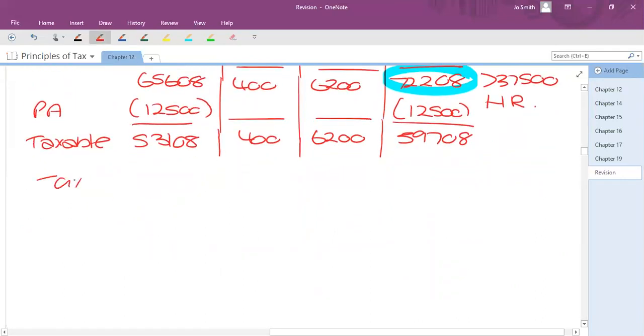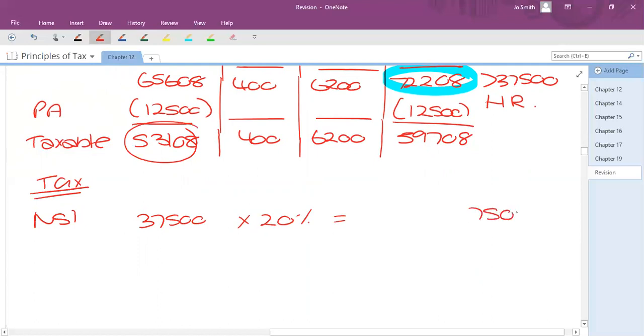So we're now going to work out the tax. We're going to start with this non-savings column first. We can see here that figure goes above this 37,500. So the first 37,500 is going to be taxed at 20%, which gives me 7,500.